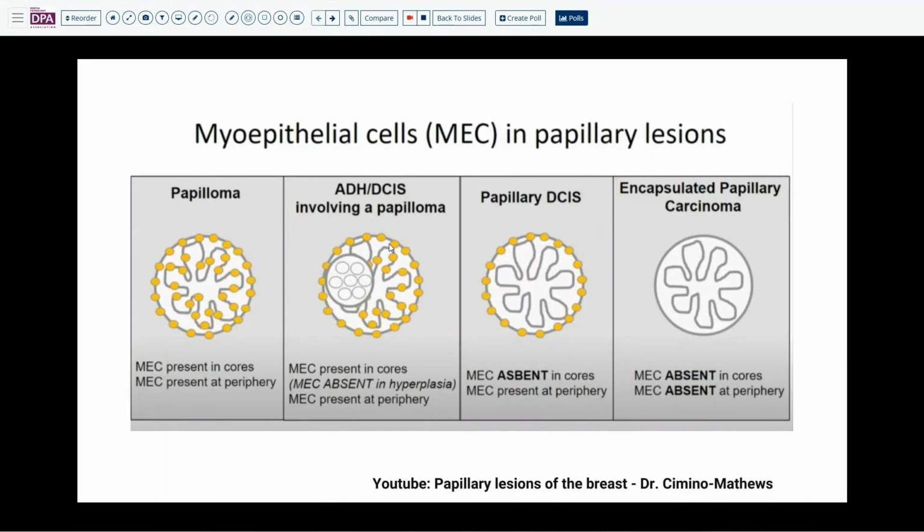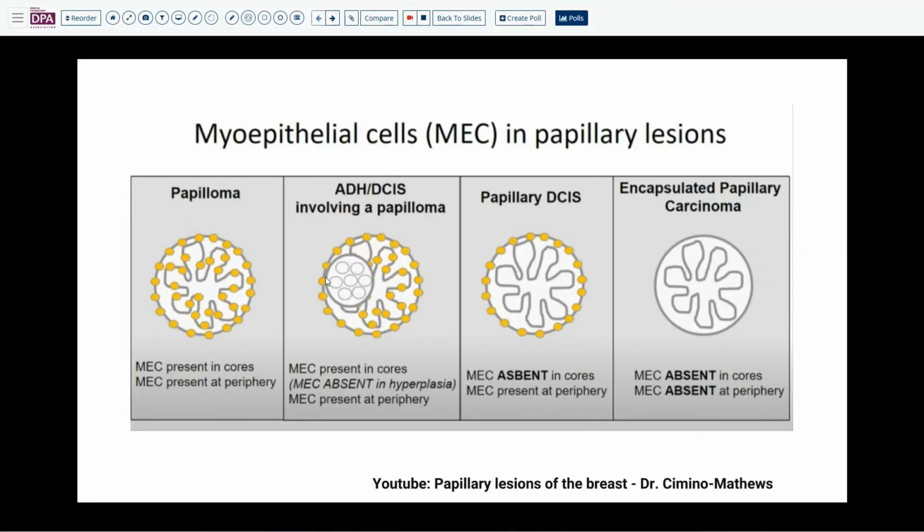And then the other one is we have the basic structure of an intraductal papilloma, but we have some focal areas where we lose this myoepithelial cell, this yellow dot, and they also have other criteria to meet ADH or DCIS.